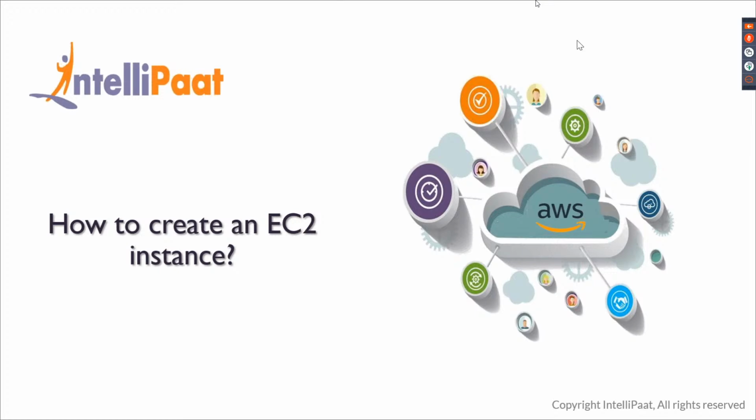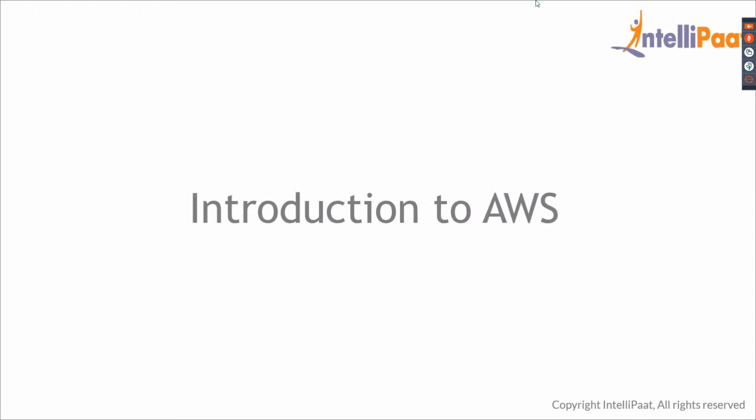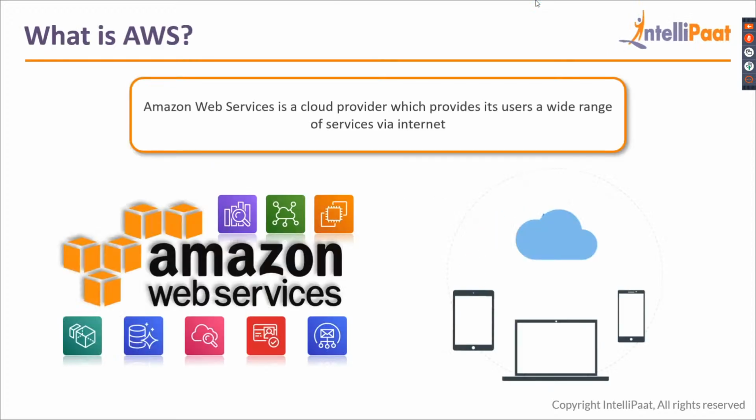First of all, let's look into what is AWS. I'll just give a brief introduction. Most of you might know this, but it is pretty useful to start with the basics. Amazon Web Services is a cloud provider which provides its users a wide range of services via the internet. Here, the internet is called the cloud.